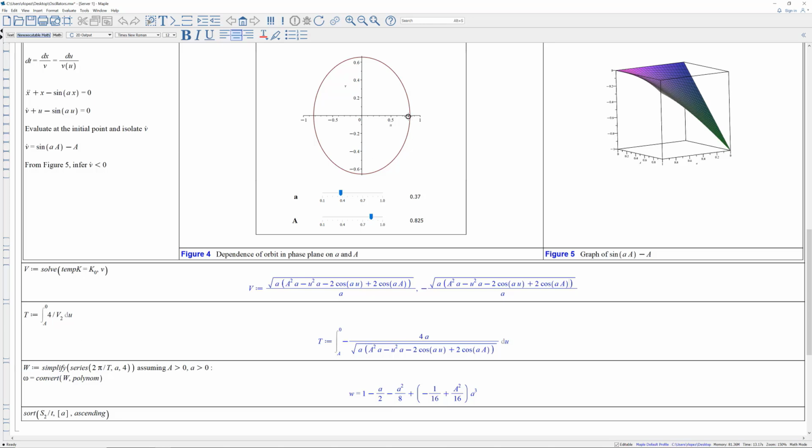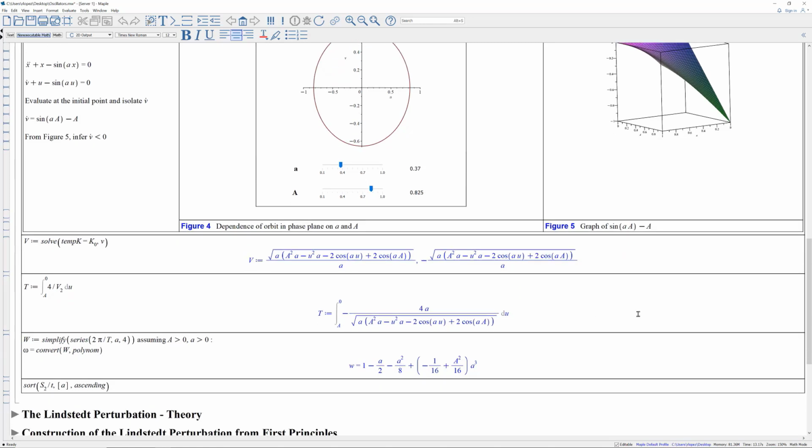Starting from a, and I'll let a go to 0, so I'm going in this direction of this du over v of u, and it's this v that I want to integrate. And that tells me the time it takes, provided I got that multiplicative factor of 4. So this is the time it takes to go around once.